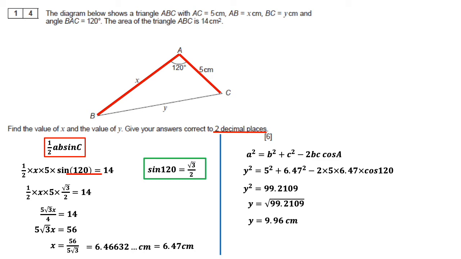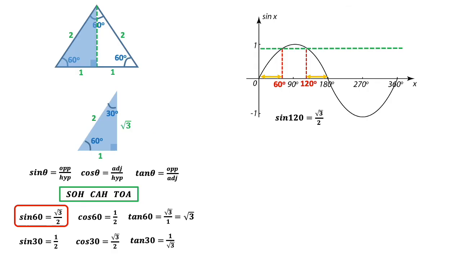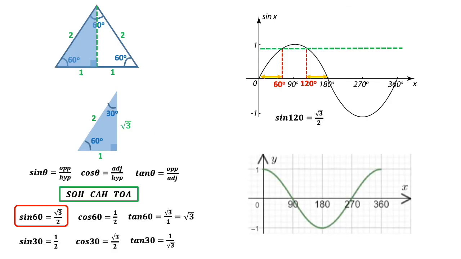Now just as an extra note, if we look at cos 120, again, I know you can type it in on your calculator, but just to look a bit more at this without a calculator, let's consider what the graph of cos x would look like. I just want to emphasise that if sine of 60 is root 3 over 2, then sine 120 was root 3 over 2.